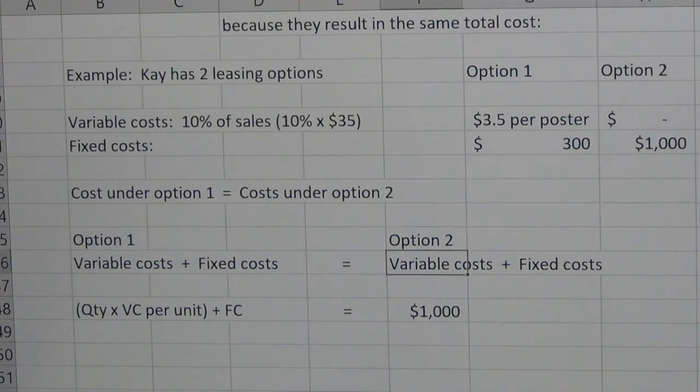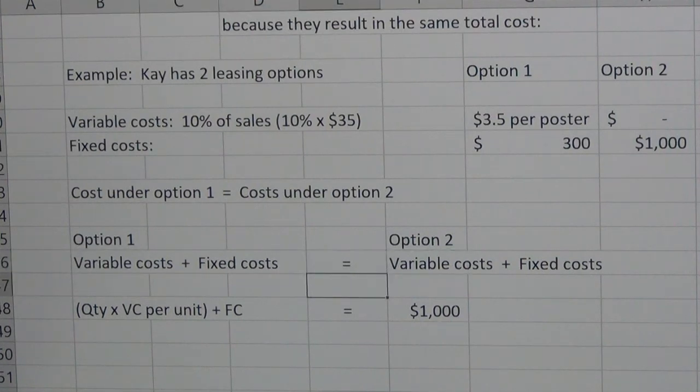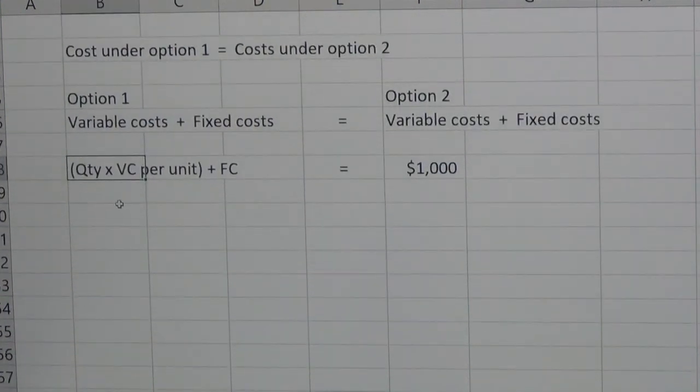So we're going to compare those two. Where does option 1 equal option 2? How many units do we have to sell where it's essentially the same thing? So we'll take a formula of quantity times the variable cost per unit plus the fixed cost. That's under option 1. And how does that compare to option number 2? Option number 2 is just $1,000. Under option 1 it's the variable cost plus the $300 fixed cost.